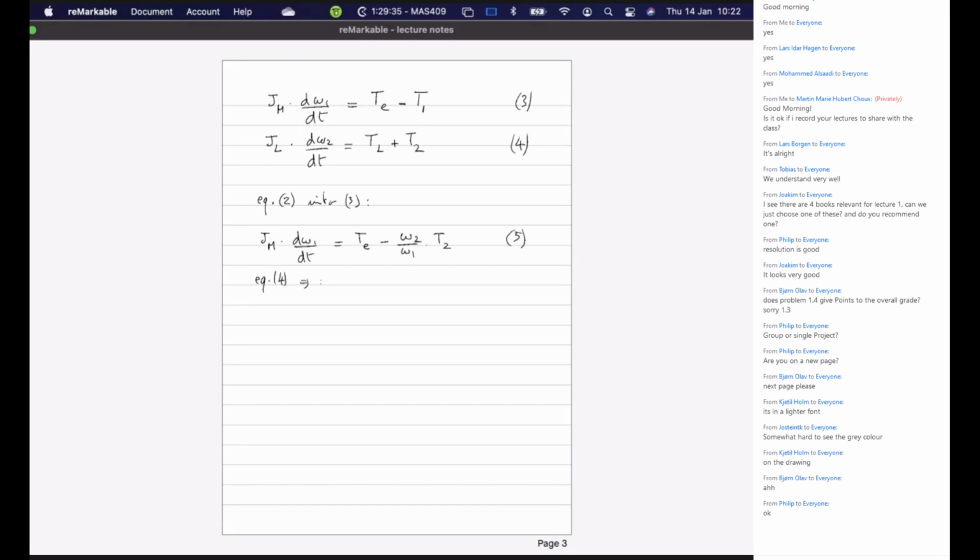Then I got J1 or Jm d omega 1 dt equal to Te minus omega 2 divided by omega 1 times T2, which is equal to JL d omega 2 divided by dt minus TL.